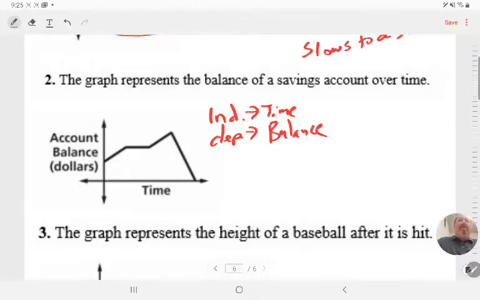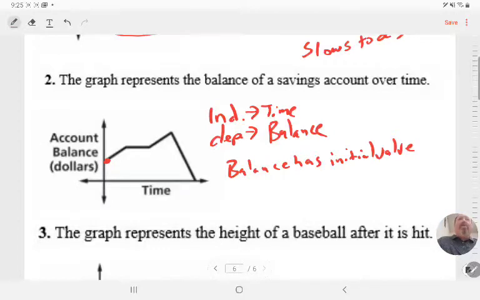All right? And then I can say, the balance has an initial value, because it doesn't start at 0, it starts up here.